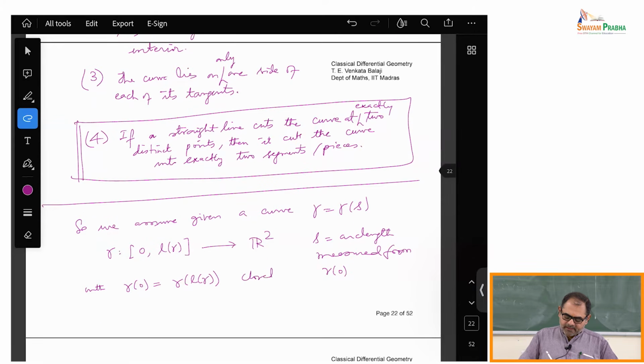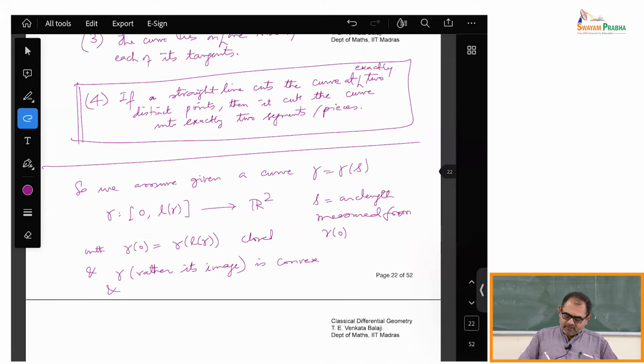Rather its image is actually convex, and gamma is simple. This means that gamma restricted to the interval with one of the endpoints removed, say the starting point, is injective.